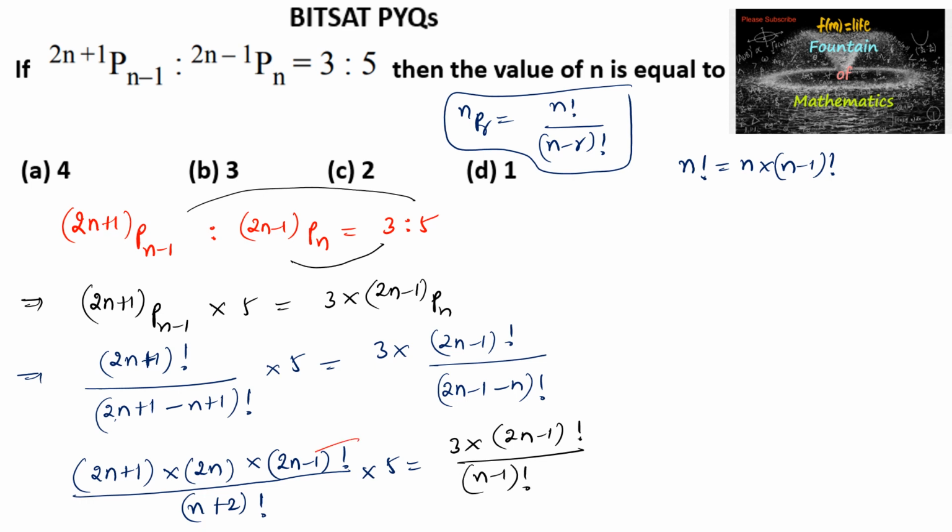So here we may cancel (2n-1)! on both sides, and simplifying we can write (2n+1) into 2n, that is 4.